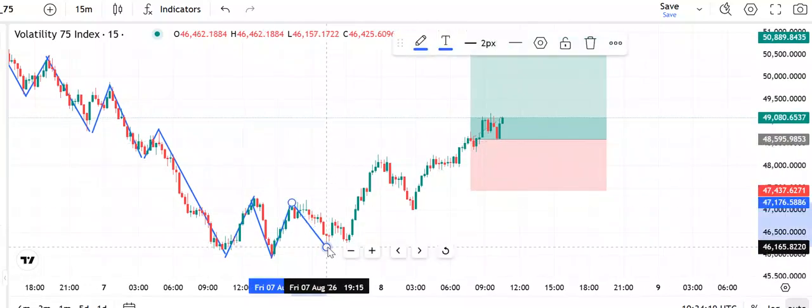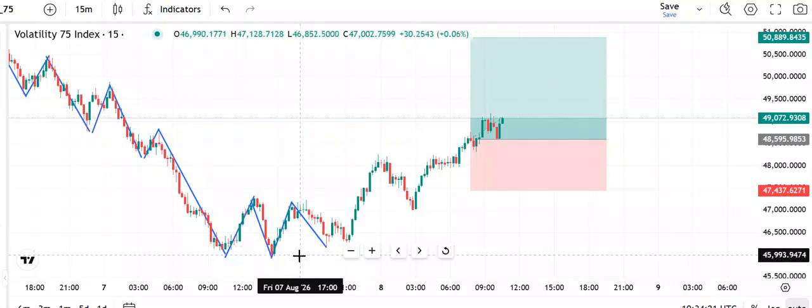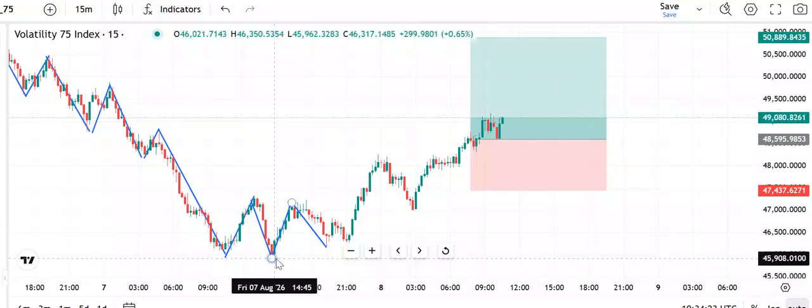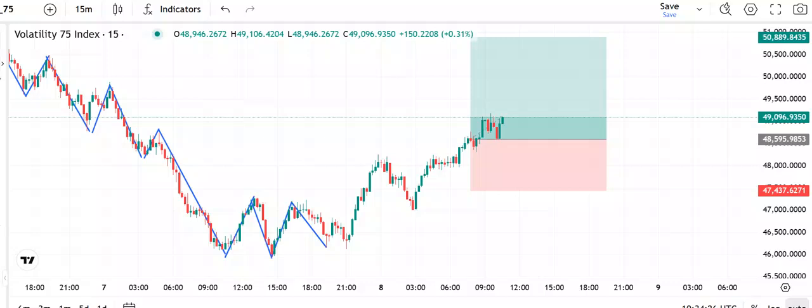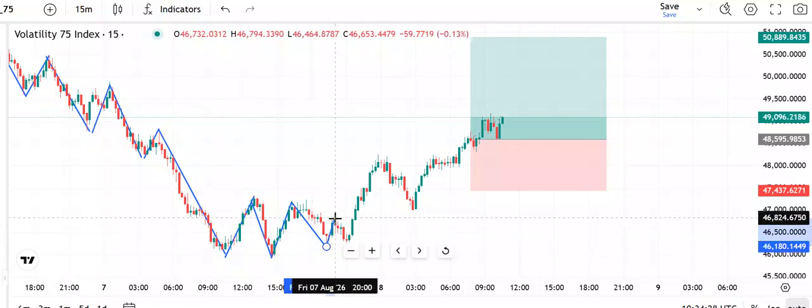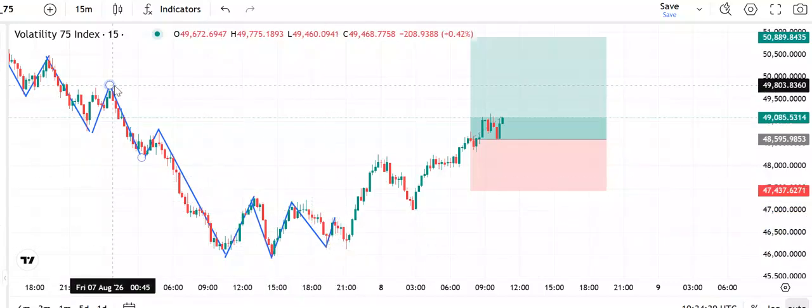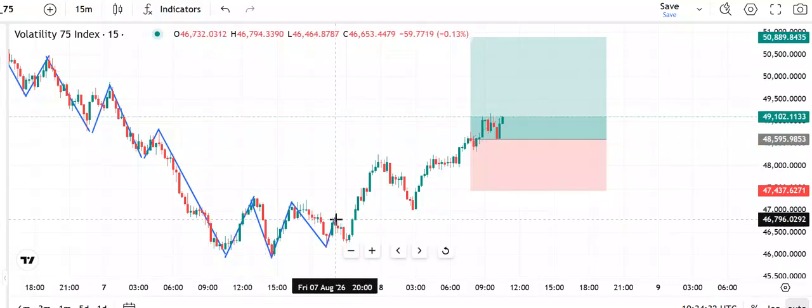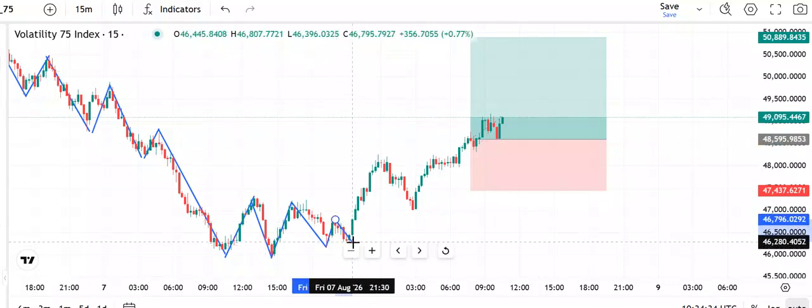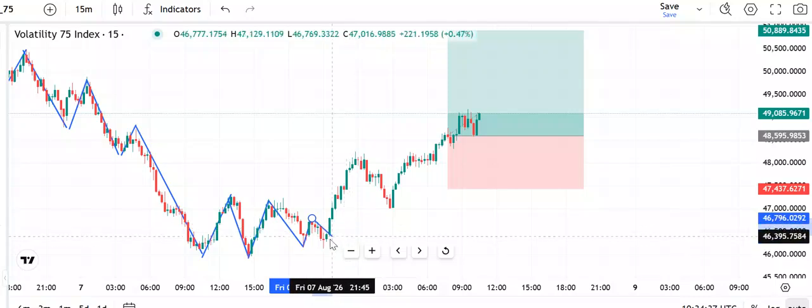Okay, higher low, because this low is higher than this low. Then we have lower high and lower low, still on the 15 minutes time frame.